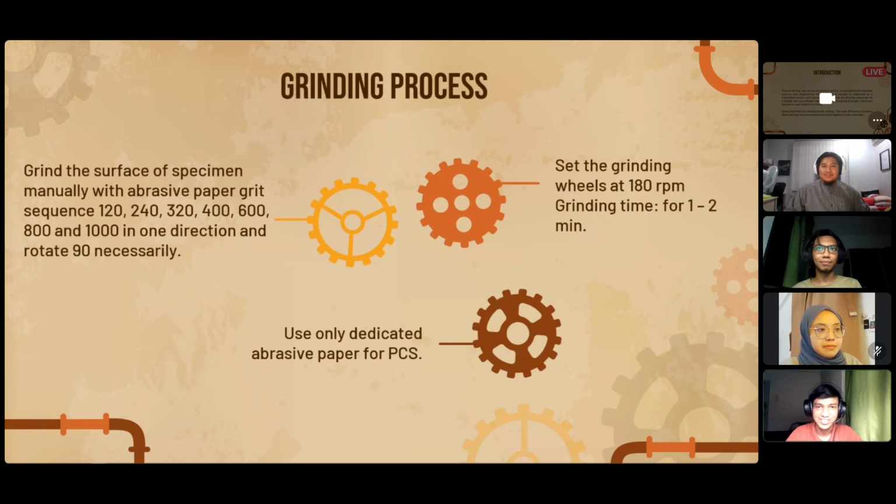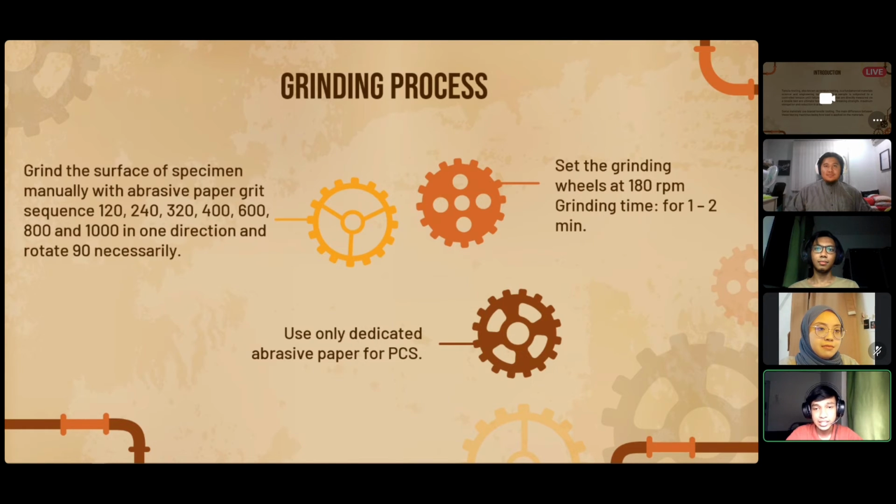Okay, this is the grinding process. Grind the surface of the specimen manually with abrasive paper grit sequence 120, 240, 320, 400, 600, 800, and 1000 in one direction and rotate 90 degrees each time.